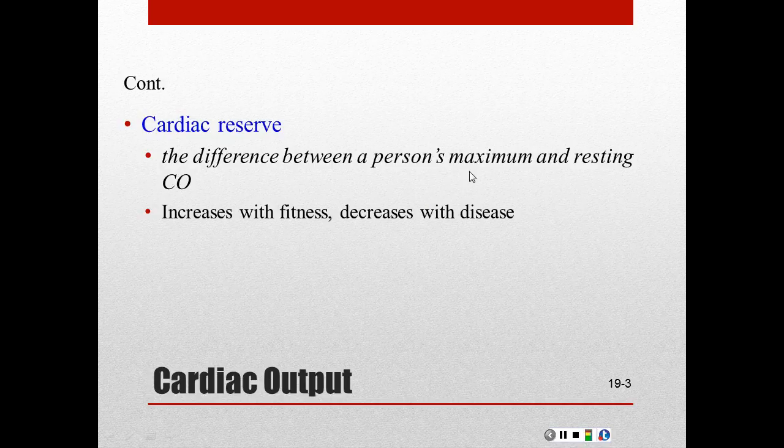But then when you start exercising or you do a stress test or you take your heart to its maximum, when you subtract your resting from that maximum, that will give you your cardiac reserve.